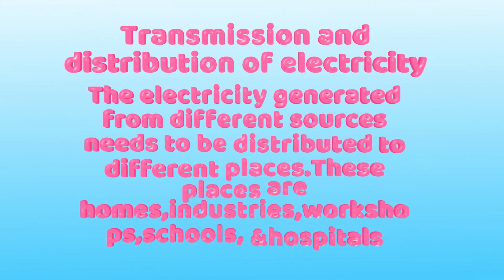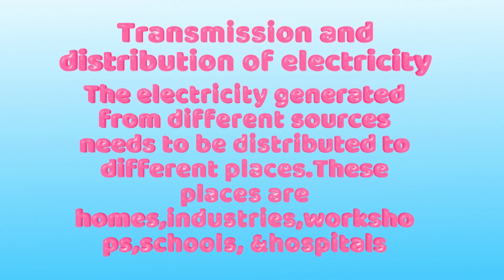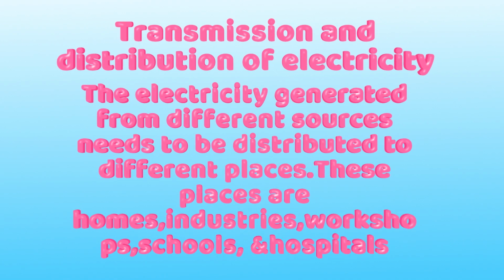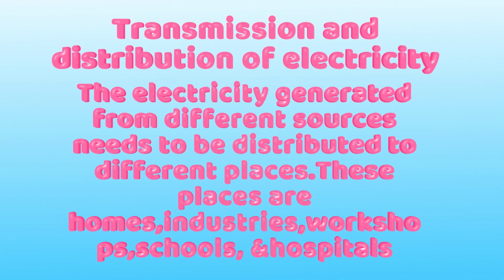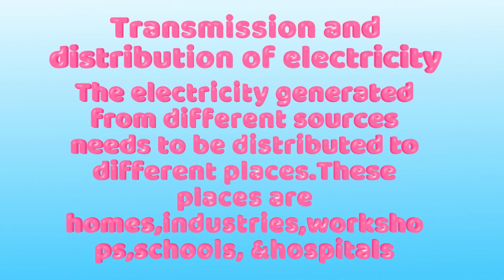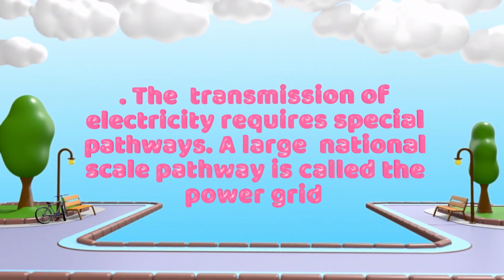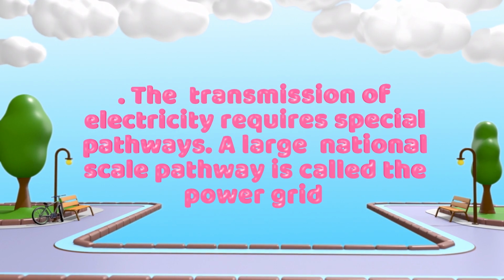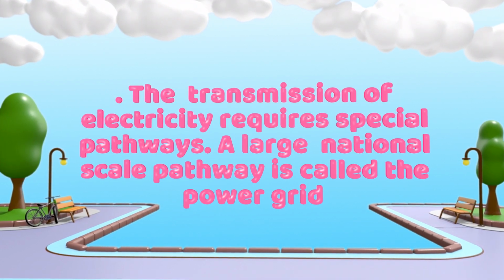The transmission and distribution of electricity. The electricity generated from different sources needs to be distributed to different places, and these places are homes, industries, workshops, schools, and hospitals. In transmission of electricity, it requires special pathways. A large national scale pathway is called the power grid.